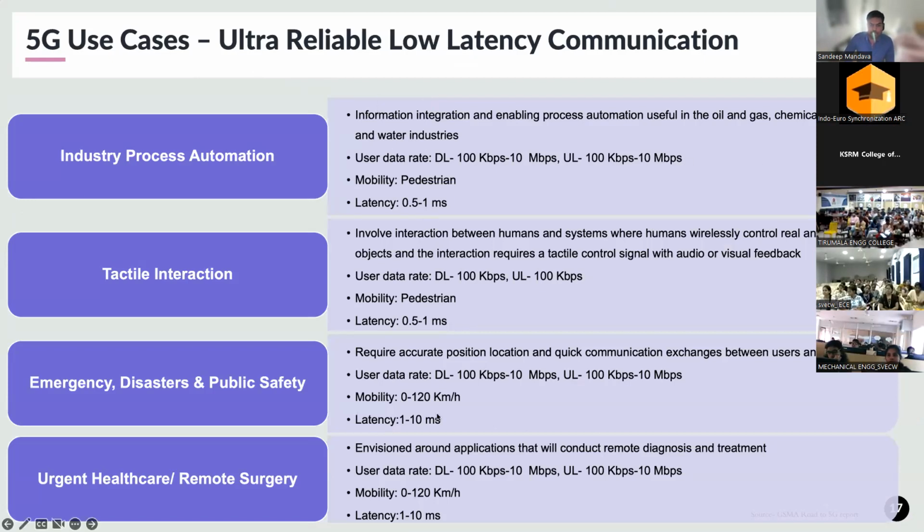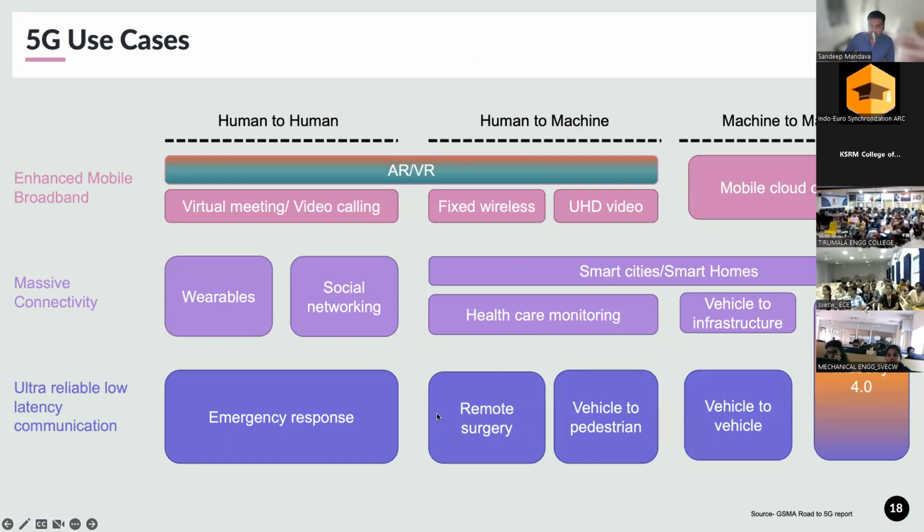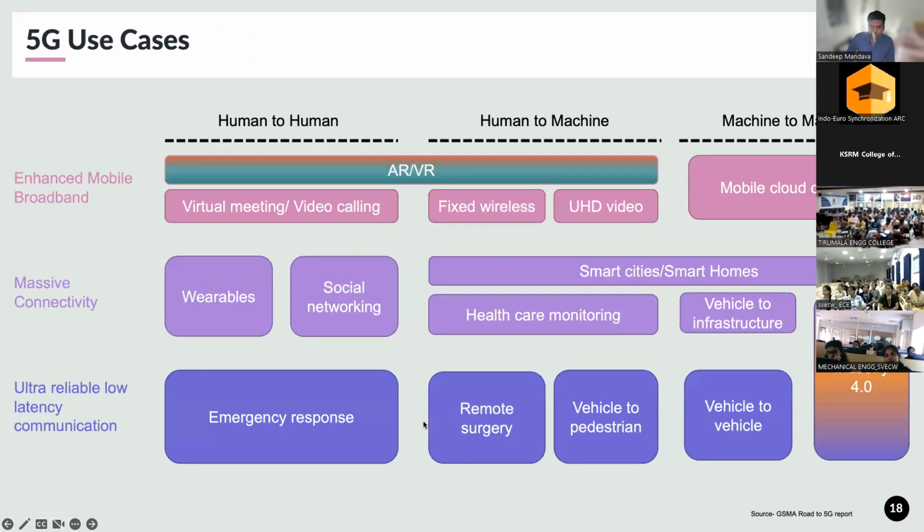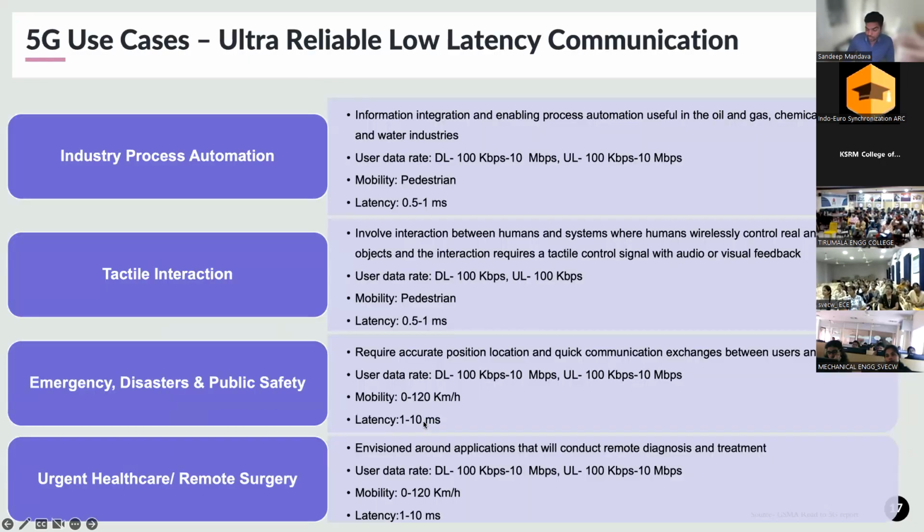Okay. So the sci-fi kind of use cases, where the remote surgeries, where a doctor sitting in the US or a doctor sitting in India can perform an operation on a patient in the US or elsewhere in the world.